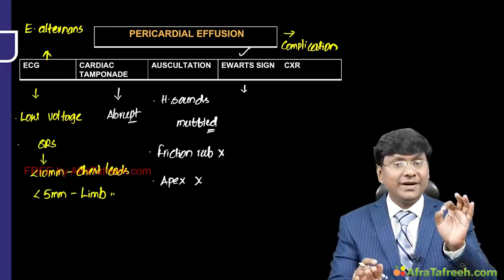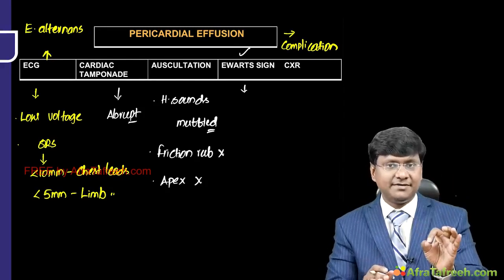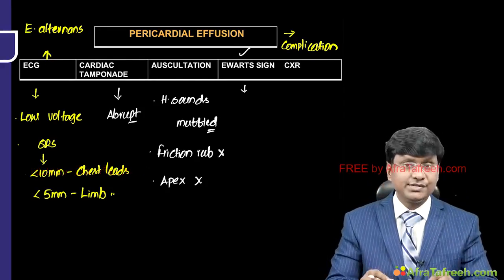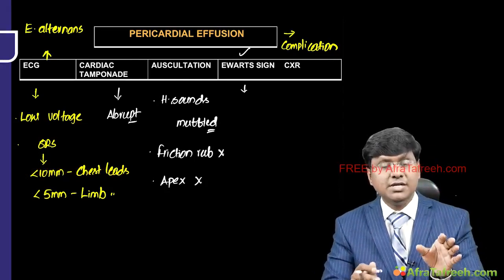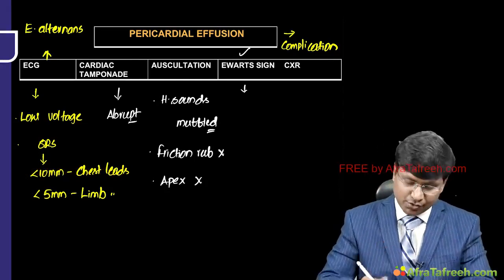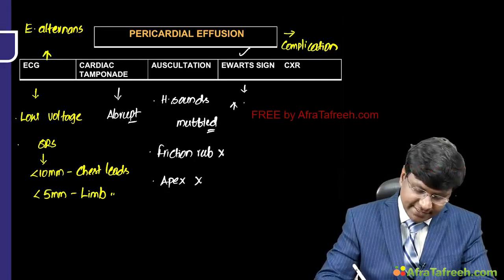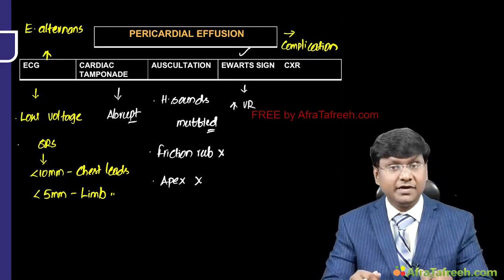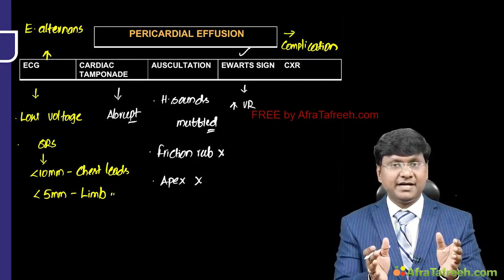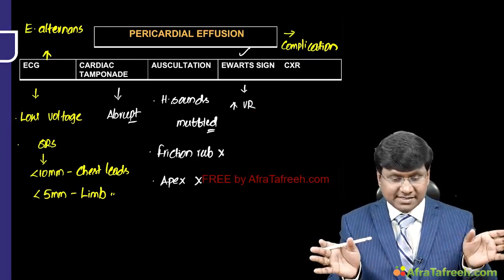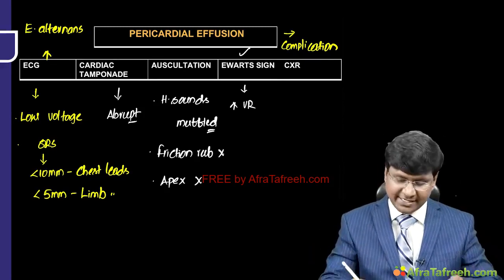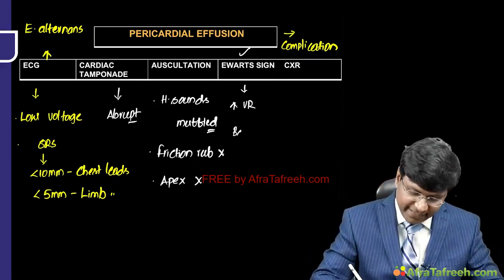So over the compressed lung parenchyma, you try to auscultate and also palpate. You will notice that there is increased vocal fremitus, because the large pericardial effusion will be compressing the surrounding lung parenchyma, basically the base of the lung. So the base of the lung will get compressed.